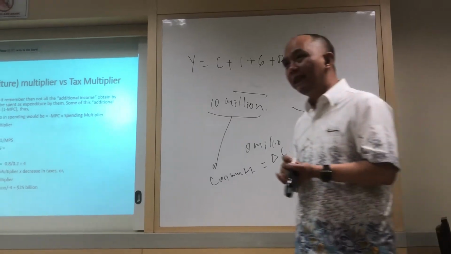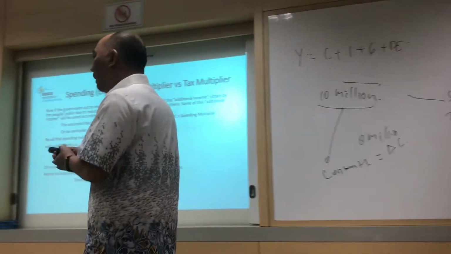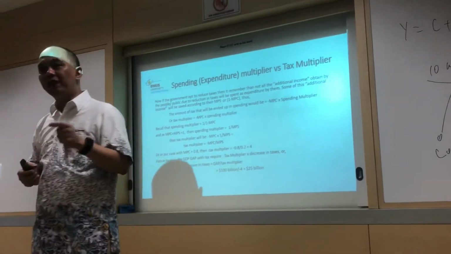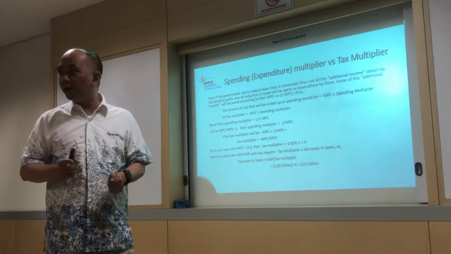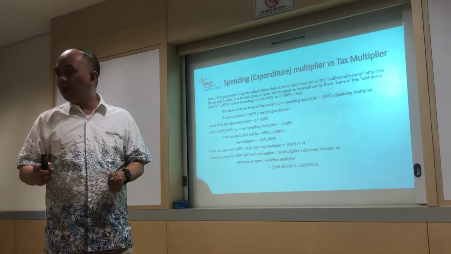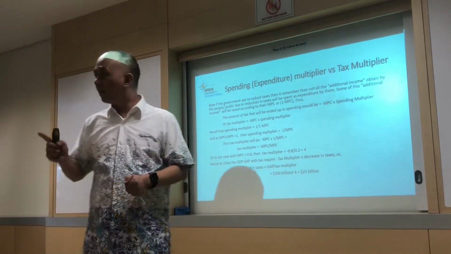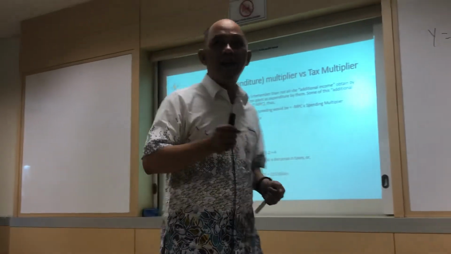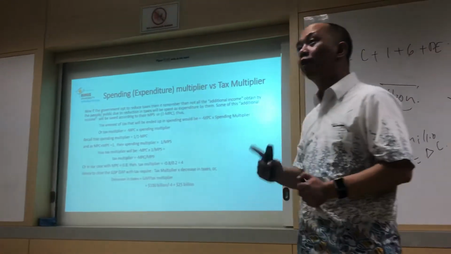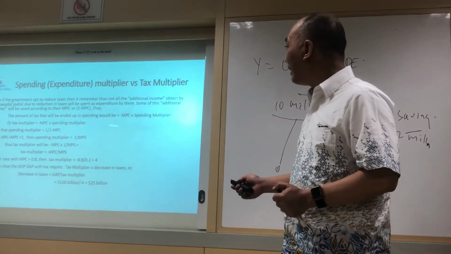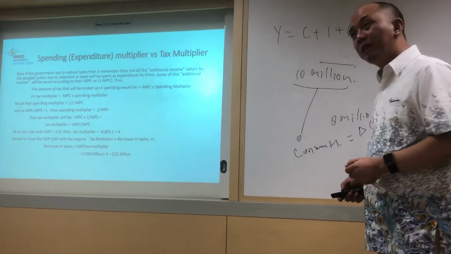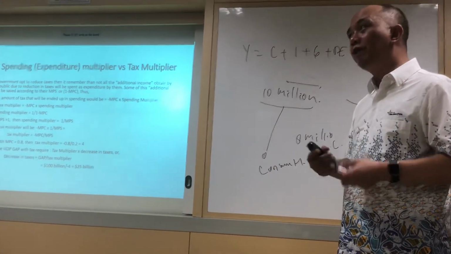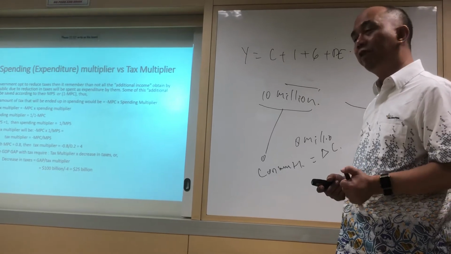So if the government opts instead to reduce tax instead of increasing government expenditure, then we're going to have a different multiplier, which we call the tax multiplier. How much is the tax multiplier? How different is the tax multiplier from the expenditure multiplier?